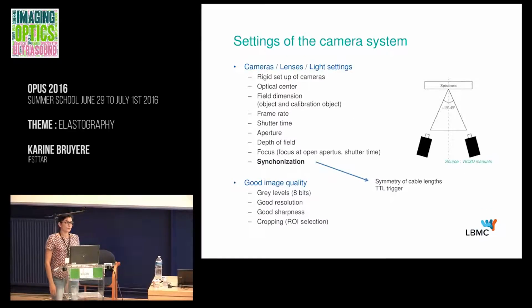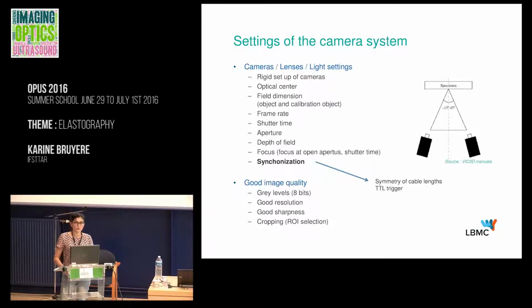And to have a very good quality of image, the camera settings, of course, are very important. For stereo correlation, we use two cameras. Of course, the setup of these two cameras must be very rigid. As we use data from the calibration, we must have a very rigid camera position. We have to adjust the optical center of the cameras so that they look at the same point on the surface.